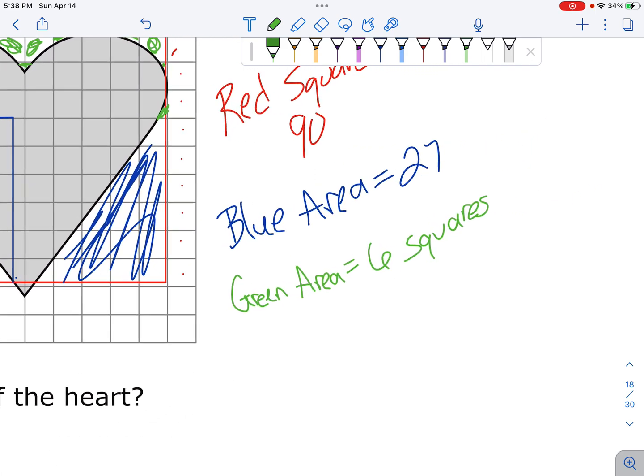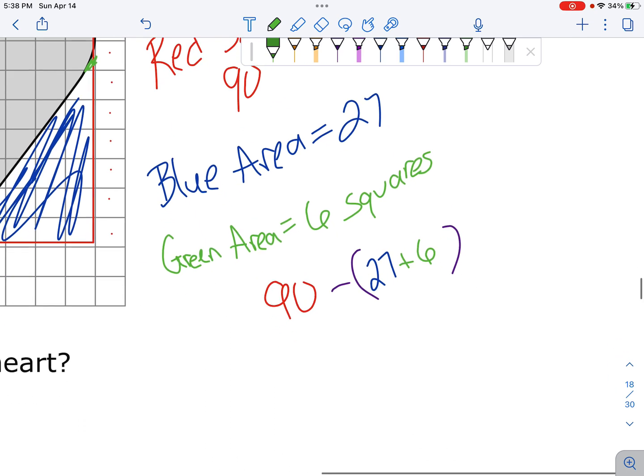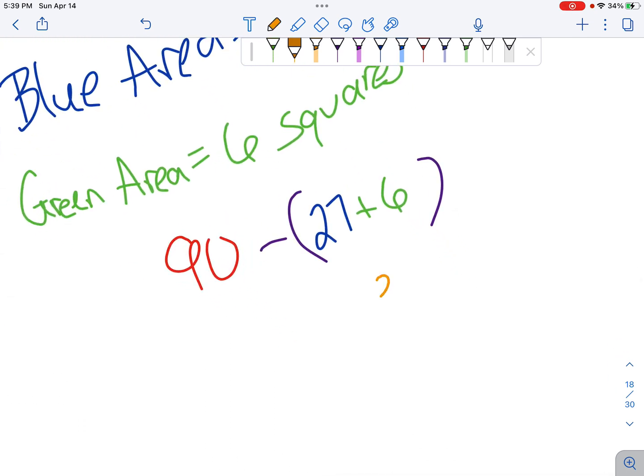So now I'm going to take the total, which was 90, and subtract the 27 and the 6 that are combined. 27 plus 6 is 33.